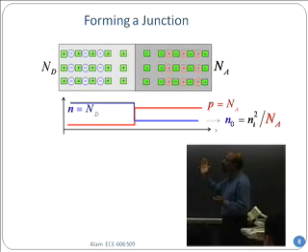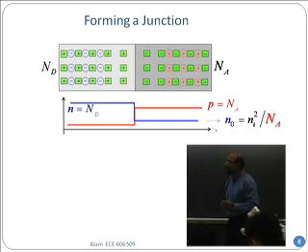The hole wants to go to the left-hand side. There are lots of holes on the right, few on the left. It wants to go, but there are all these positive squares sitting on the left-hand side of the junction, which essentially repel the holes. Therefore, a field has built up which will prevent the diffusion from occurring anymore, and there will be a nice balance at the end.